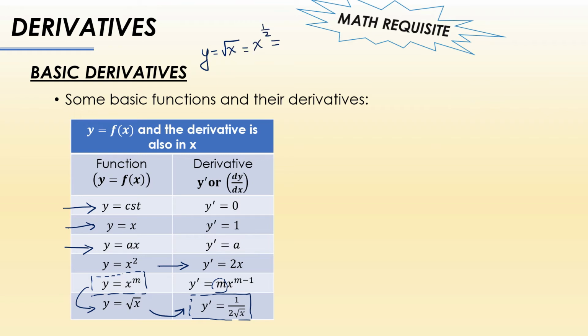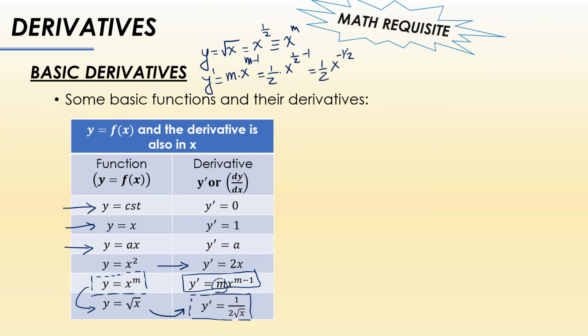This is similar to x to power m. Now, y prime becomes, as we know from the golden rule, m x to power m minus 1. Thus, half x to power half minus 1, which is again half x to power minus half.